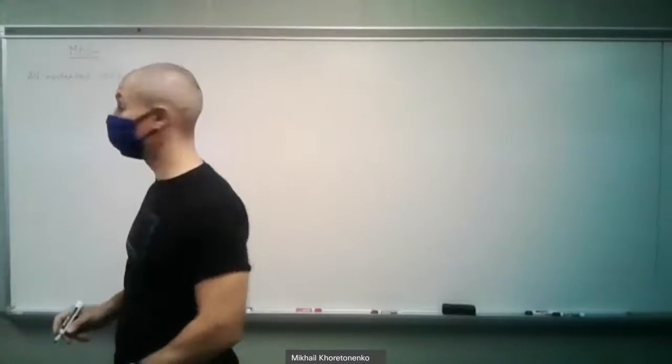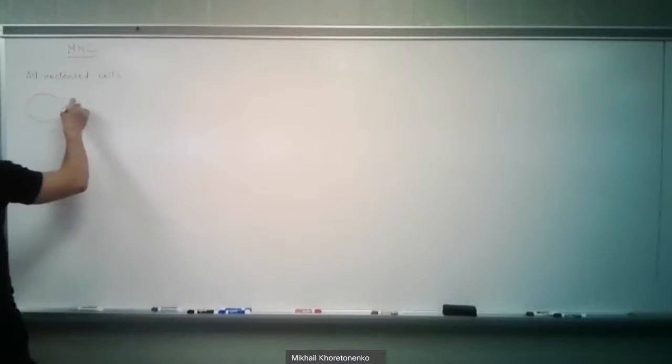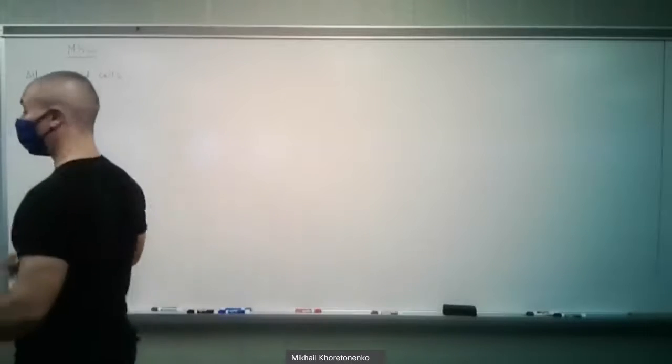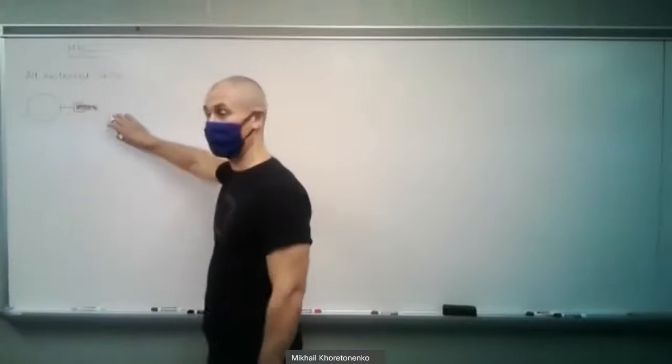So we're going to start with all of your nucleated cells. All nucleated cells in your body have a special set of proteins. Okay, this set of proteins sticks out and waves a label. You see that brown thing? That's the label. Okay? That's MHC class 1.